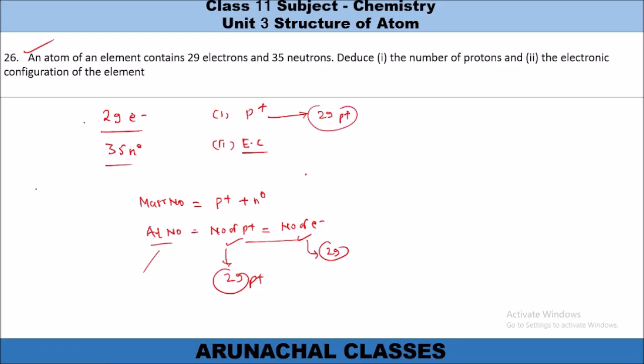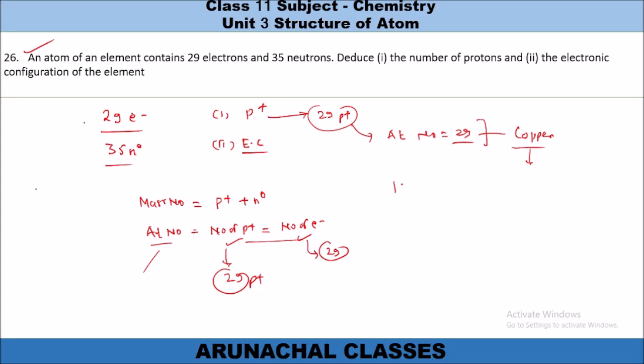Now what about the electronic configuration? If there are 29 protons, the atomic number is 29. The element having atomic number 29 is copper, and this copper has a specific configuration. Let us write this configuration.